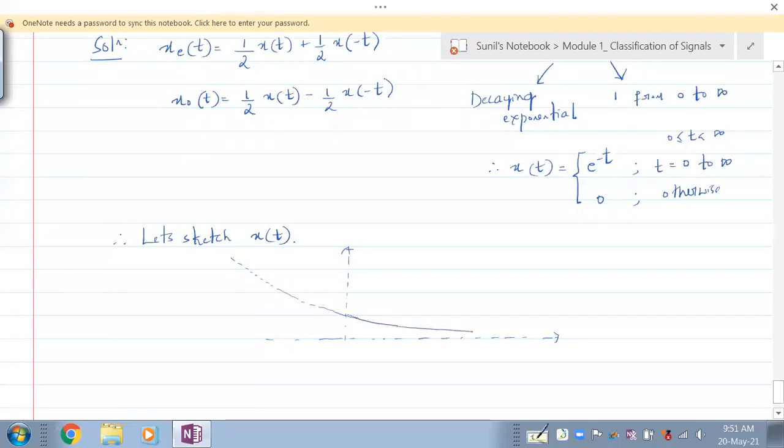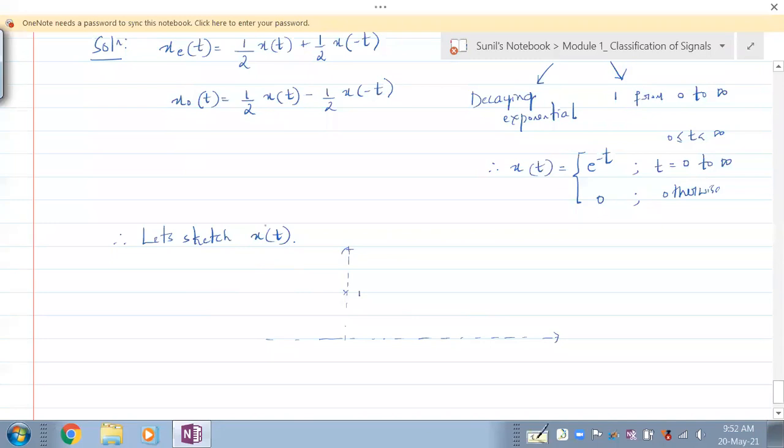Since this is decaying, let's take this as 1. I'll write this signal a little differently, taking the range because I want 1. Let this be my 1 for a change.